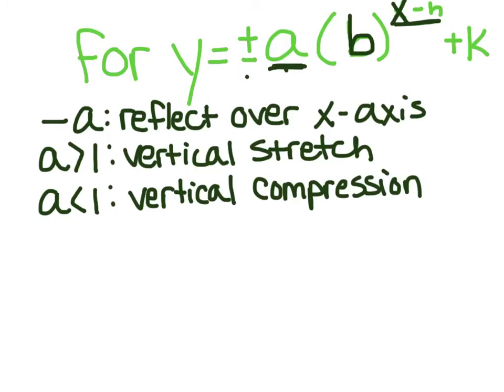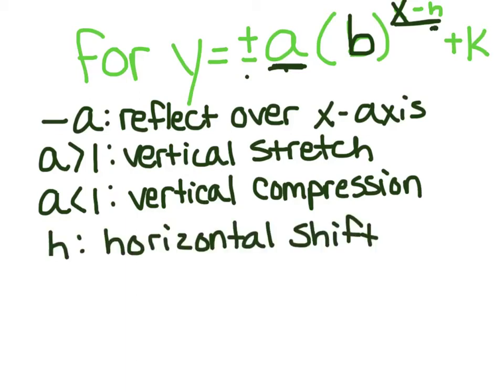We could have a plus or minus a little number up there in the exponent. Whenever it's with the x, think about when it was with the x in the radical or with the x inside being squared. That's your horizontal shift, and it's the same as it always is. It's opposite of what the sign is. Then you could be adding or subtracting something at the end, and just like always, k is our vertical shift.